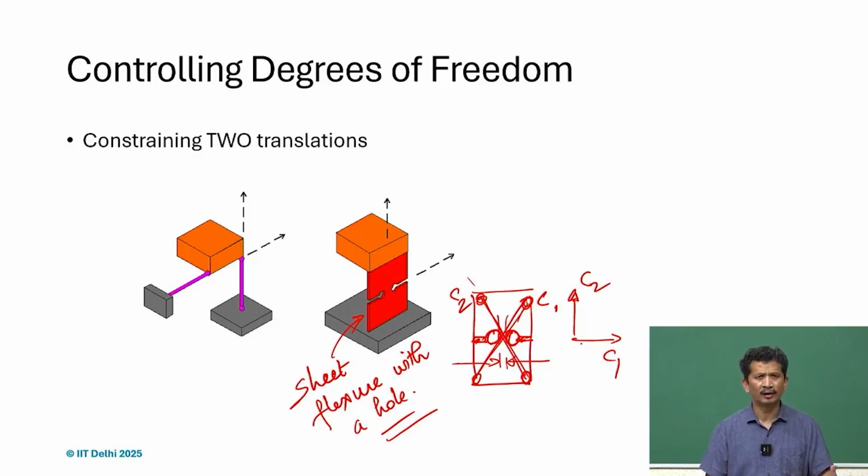So, it is an equivalent mechanism, and we learn that many times sheet flexures are used, and we replace a pair or arrangement of articulated links with the sheet flexures, and we can get very good mechanisms. And sheet flexures many times are preferred because it is easy to clamp them, and yes, it is very cost effective also.